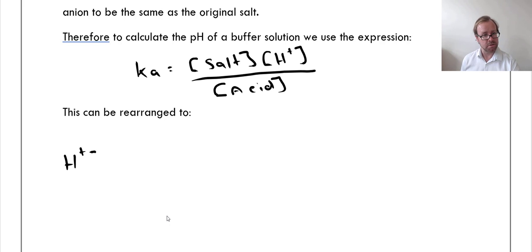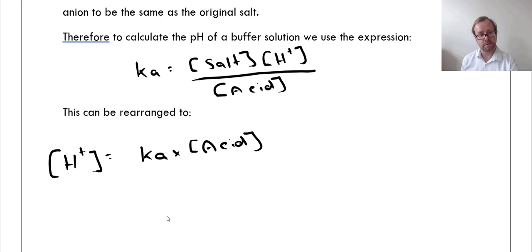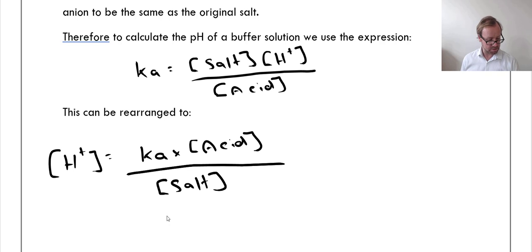So H plus concentration equals Ka times the acid over the concentration of the salt.